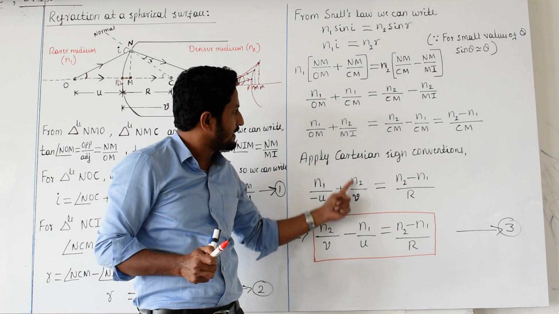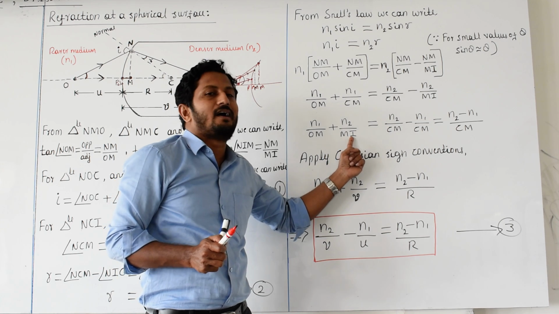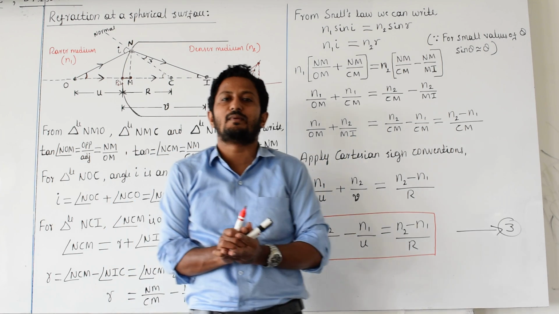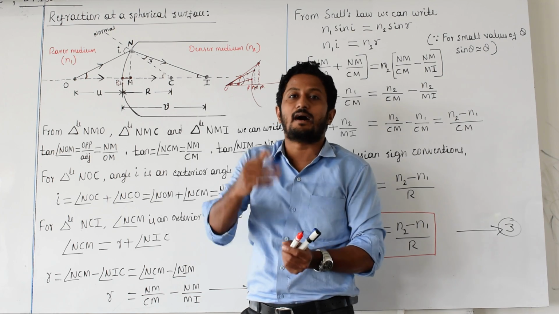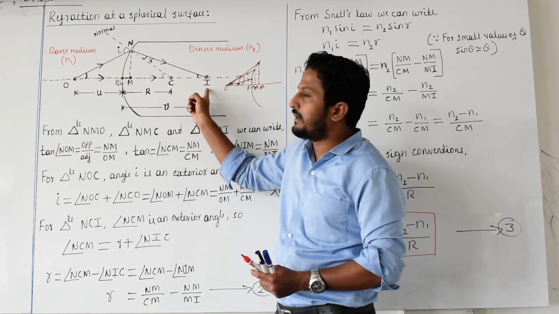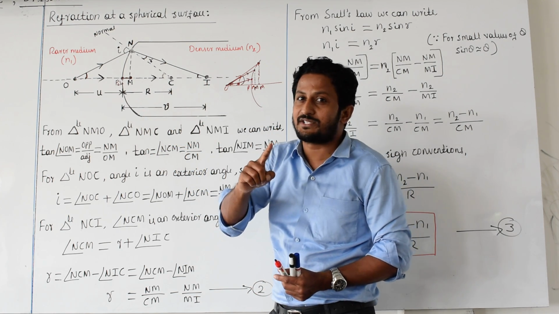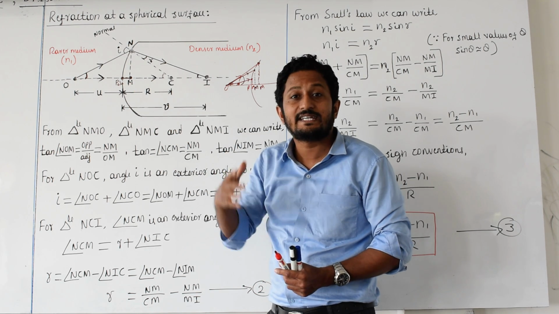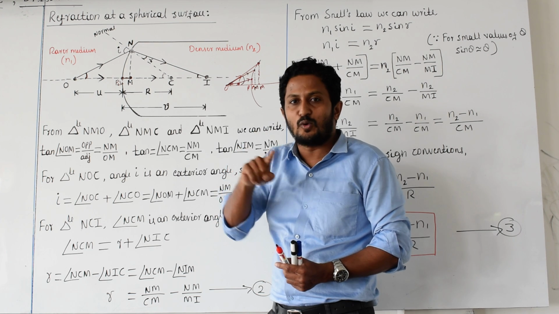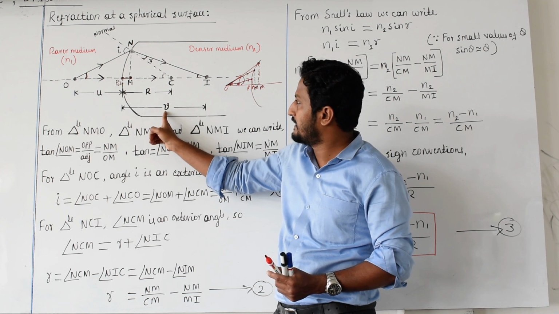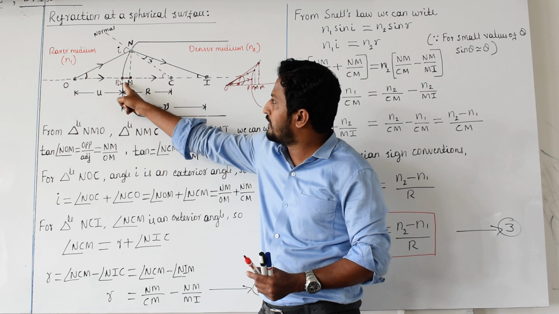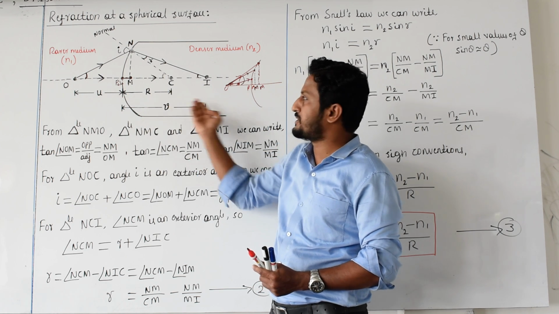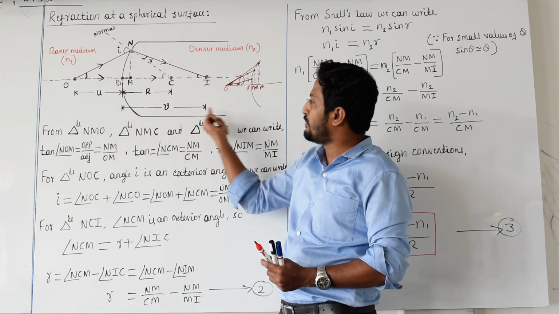n2 as usual divided by MI. Look at the diagram again. What does MI mean? I means image. MI, which distance? Image distance, small v. From the pole to that image point you have to measure. From the pole you have to measure.